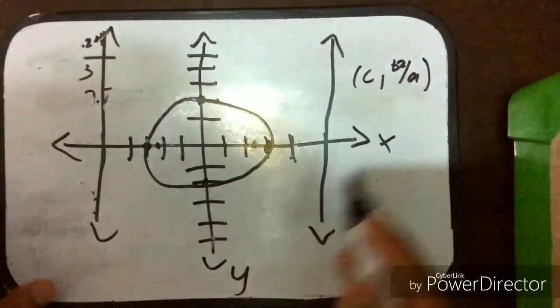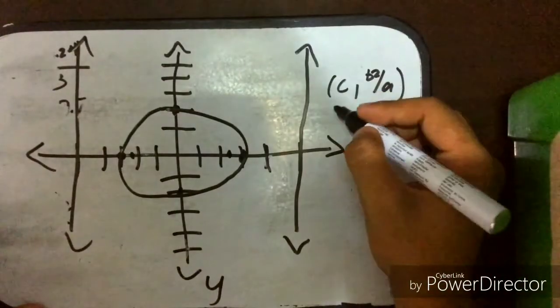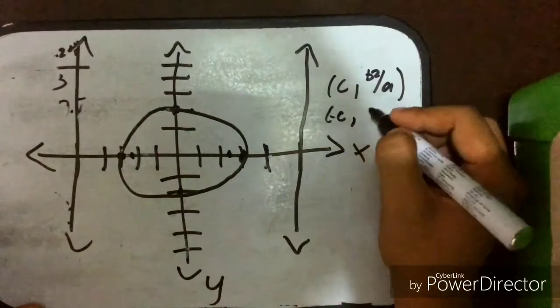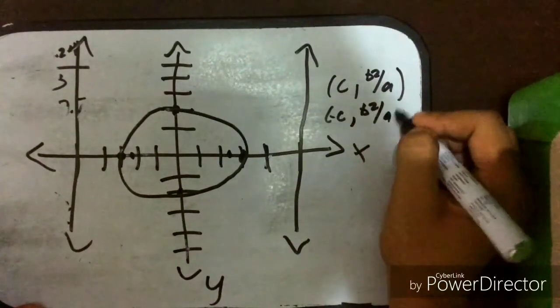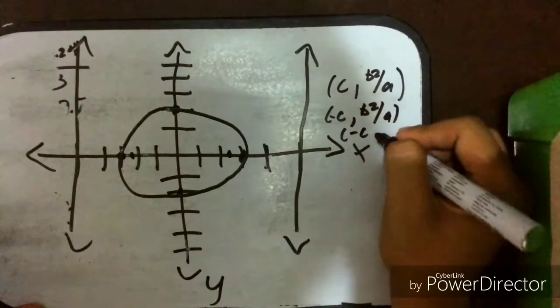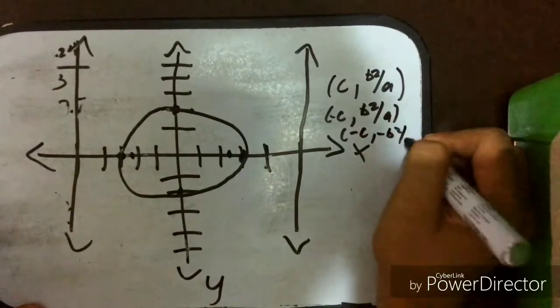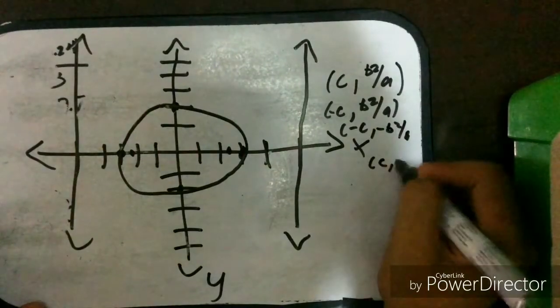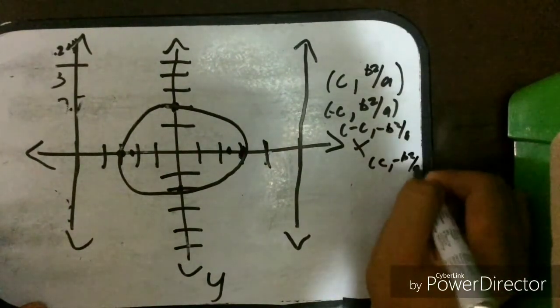So, C and B squared over A; negative C, B squared over A; negative C and negative B squared over A; and C and negative B squared over A.